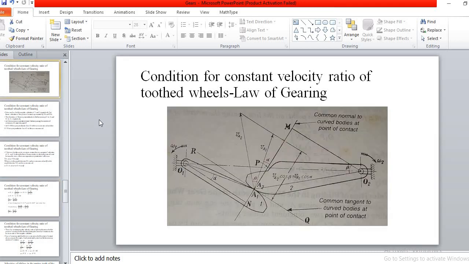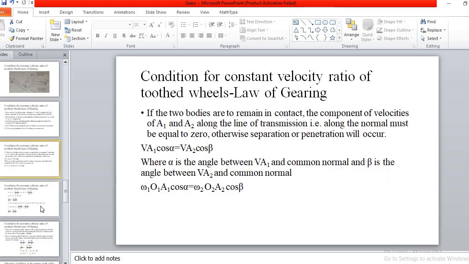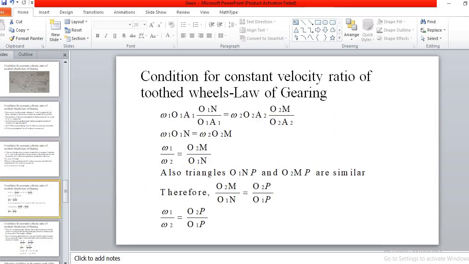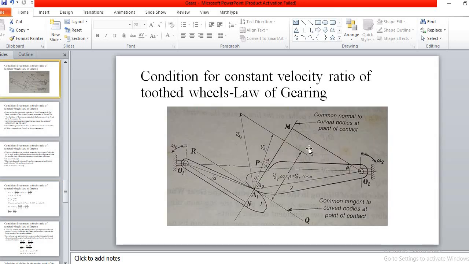Now for O2m and O1n, we consider the similar triangles O1np and O2mp, where point P is this point. These are the similar triangles. So the ratio of these two sides, O2m and O1n, we can write as O2p by O1p.